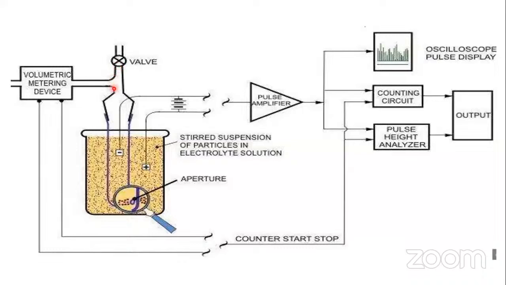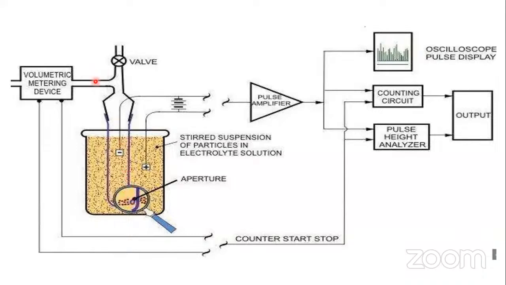Now, at the aperture, we have the valve here where we can get the cells in, and from here we have the positive and the negative terminals, which allow these electrolytes to conduct electricity, and this is the aperture here.